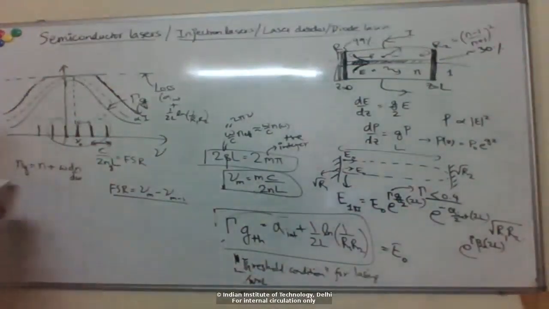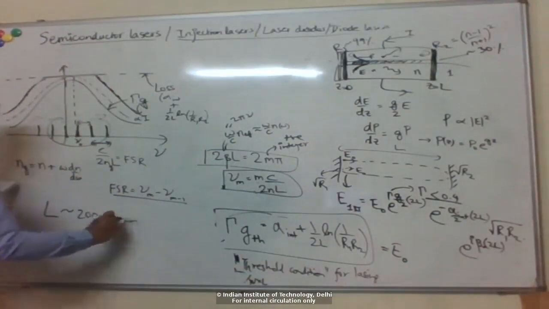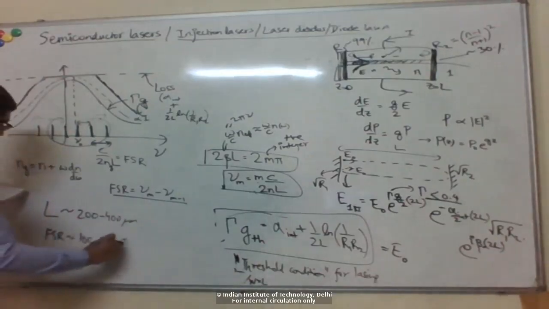So if you take a typical semiconductor laser cavity, with length, let's say, 200 to 400 microns, then this FSR comes out to be about 100 to 200 gigahertz.